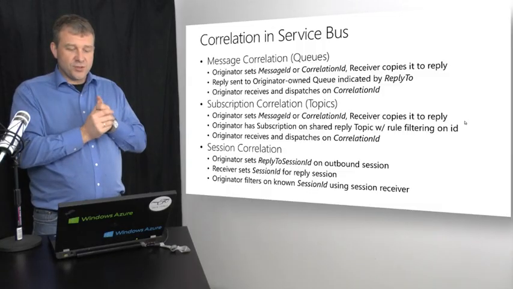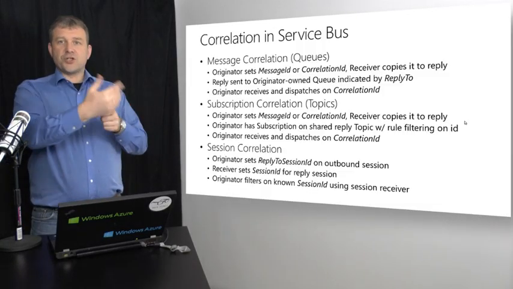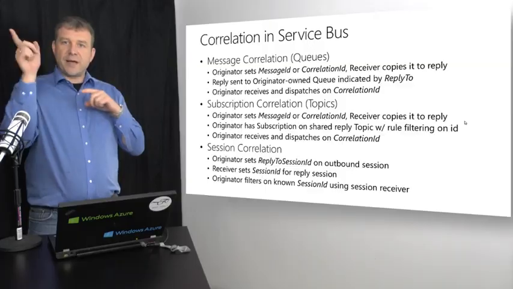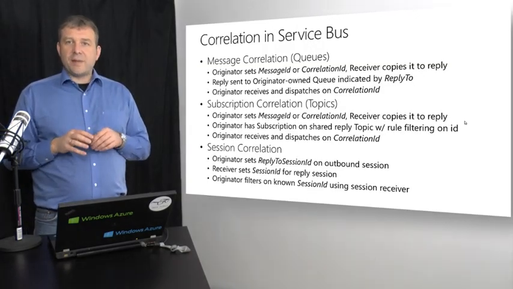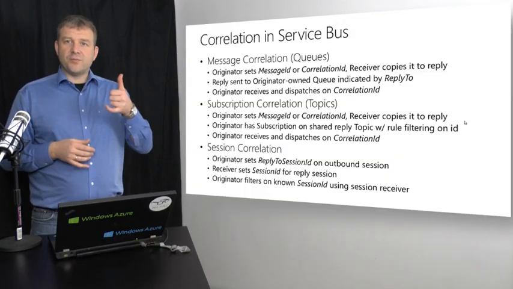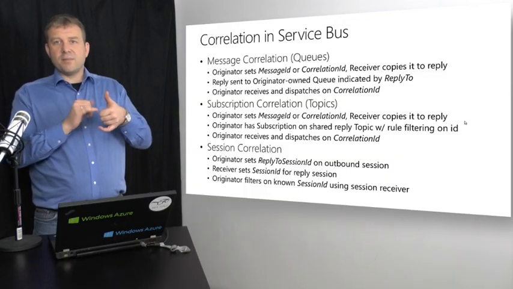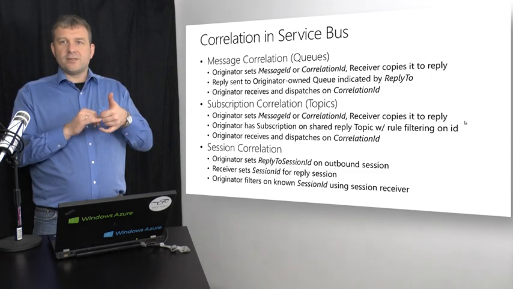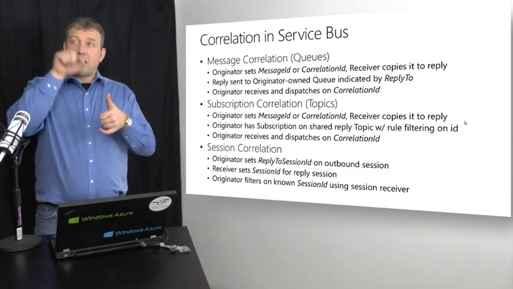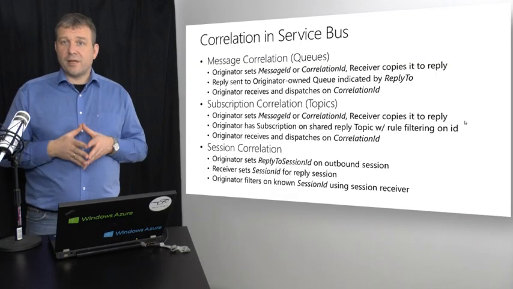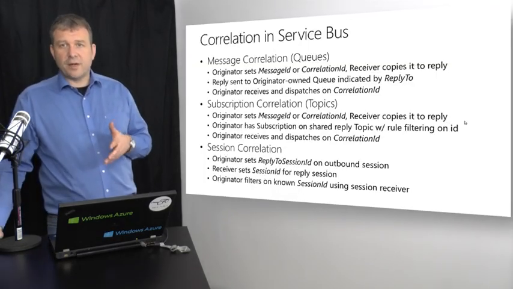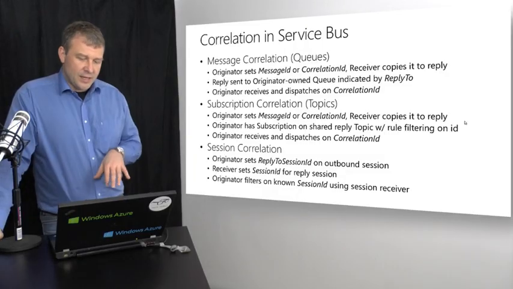The originator has a shared receiver on that queue, and then dispatches locally on that ID. That local dispatch may mean that you need a lookup table and some thread management that assigns an incoming message and unblocks a particular thread. That might be a little tricky if you're doing that from ASP.NET, in a multi-threaded environment.